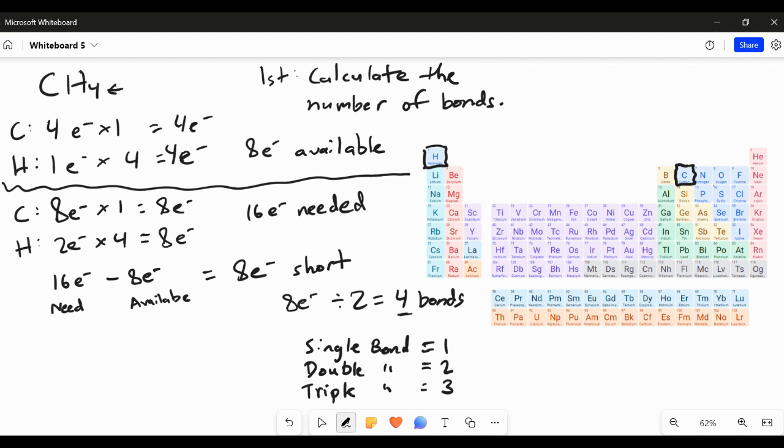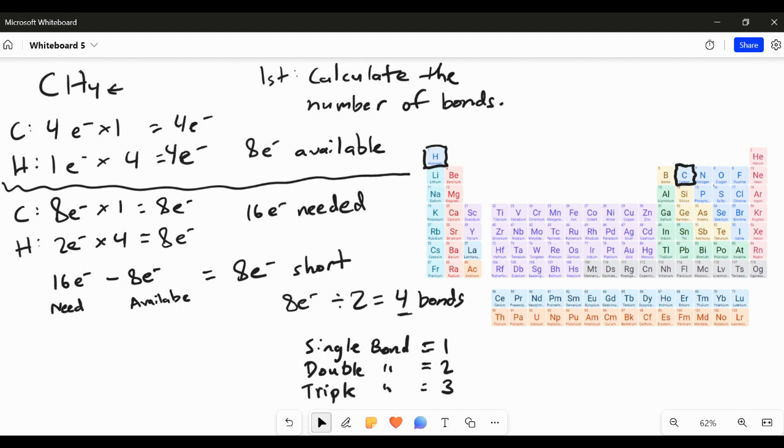It could be a double bond and 2 single bonds, because that would also be 4. It could be a triple bond and a single bond, that would be 4. Or it could be 2 double bonds, 2 and 2, that would be 4. So, how do we figure this out? We did get a new piece of information, but how can we draw this out? Here's what we do. There are some rules as far as how these atoms have to be arranged.